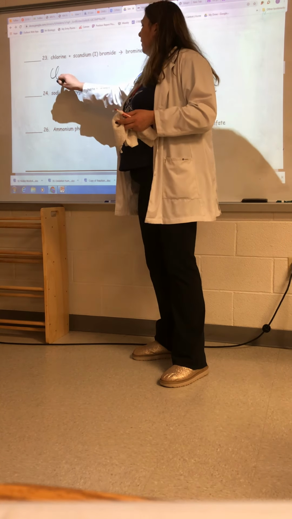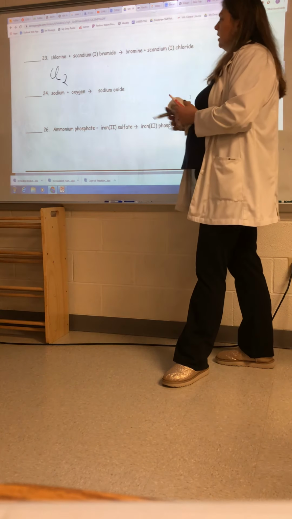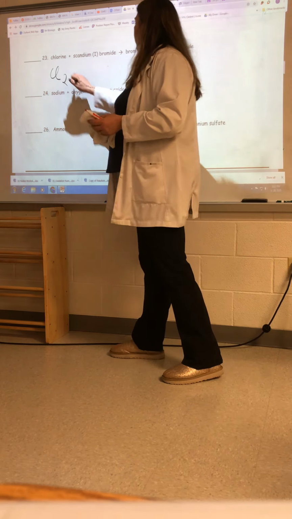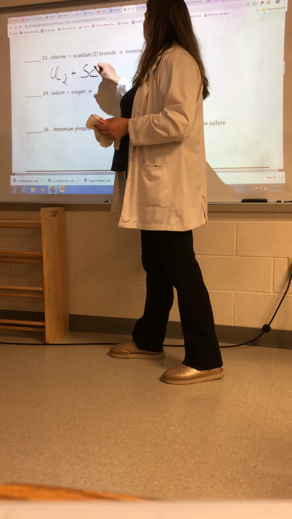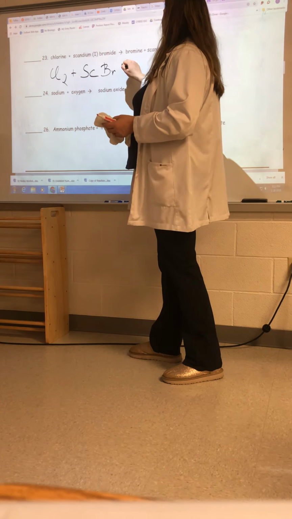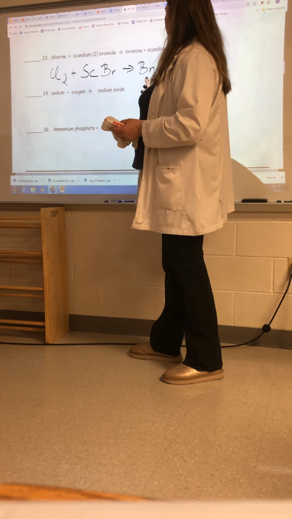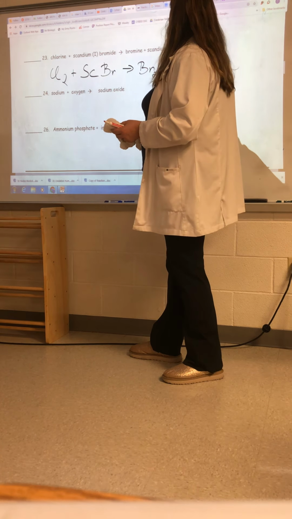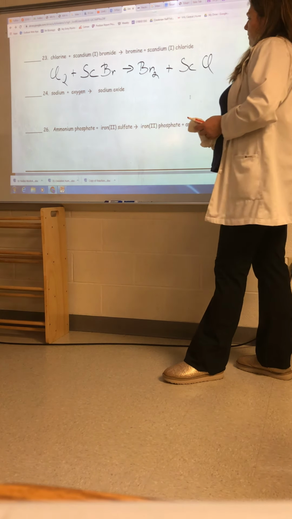It is diatomic, right? All the halogens are diatomic. And then I have scandium, Sc, charge +3, bromine. Bromine is -1, so these 2 are good. Then I have bromine by itself. Bromine by itself is also diatomic, plus scandium chloride, ScCl3.